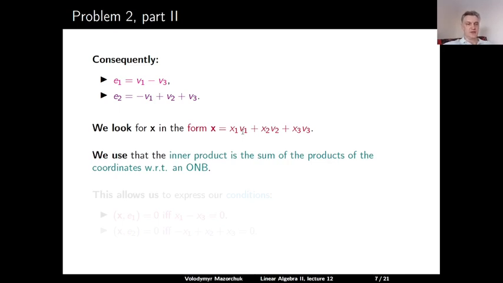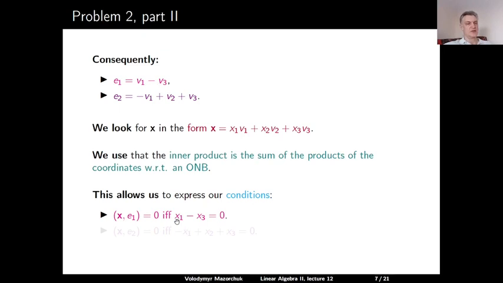So we use this to rewrite our conditions. The vector x is orthogonal to e1 if and only if x1 times 1 plus x2 times 0 plus x3 times minus 1 is equal to 0.